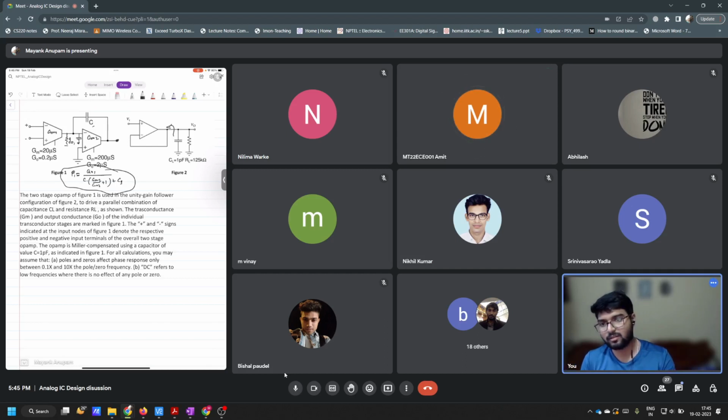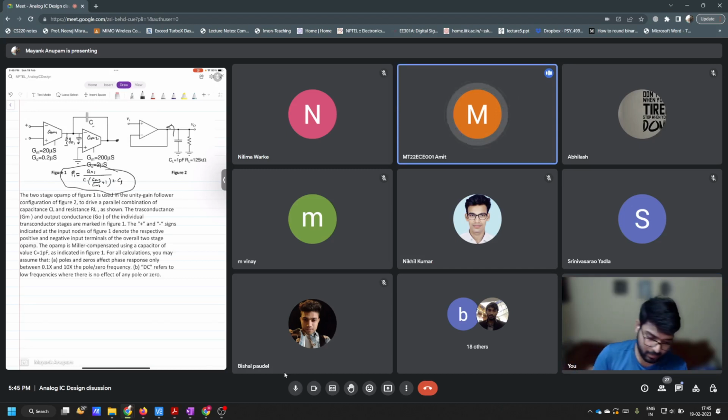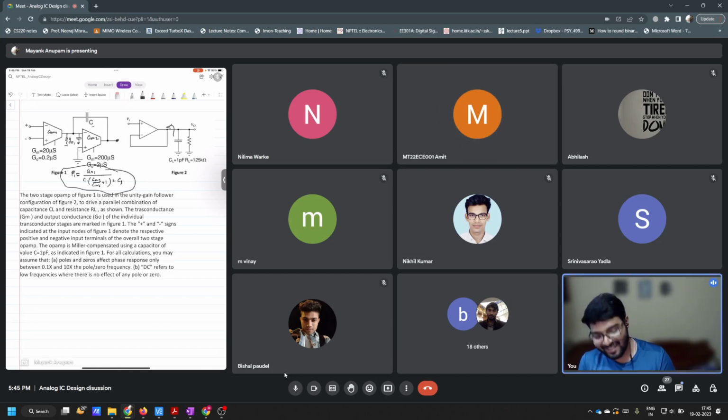Because in the last assignment I have around 3 to 4 questions due to the decimal value. Yes, I understand that, but this is what people generally mean when they ask P1: G naught 1 divided by C times the gain of the second op-amp. This is the meaning.